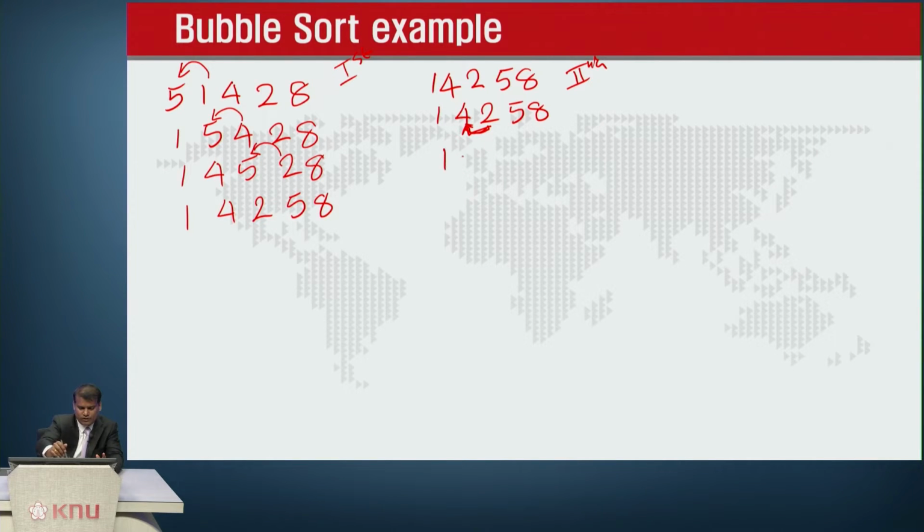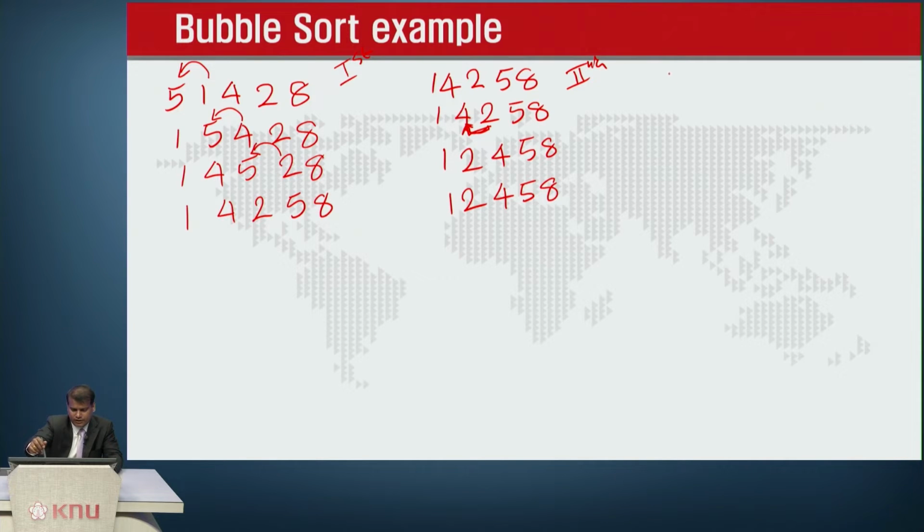So let's say 1, 2, 4, 5, 8 is there, and again if you look at 5 and 4 there is no swap at this point. So then you have 1, 2, 4, 5, 8. Is there any other swap that you can expect? In fact, at this point no more swaps are needed.